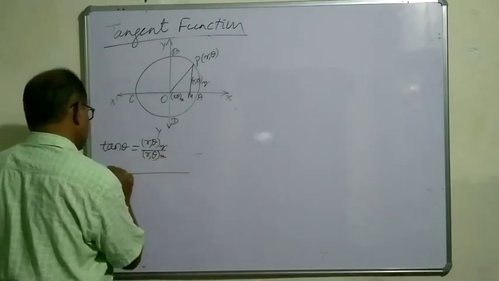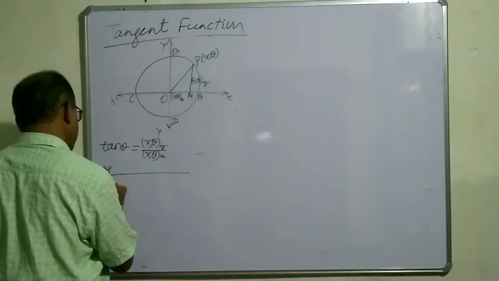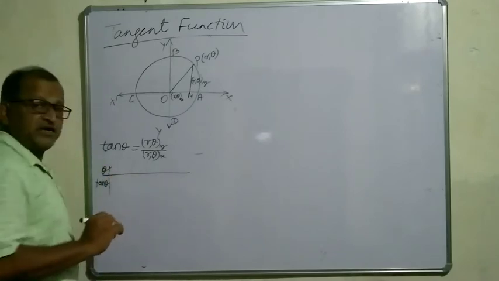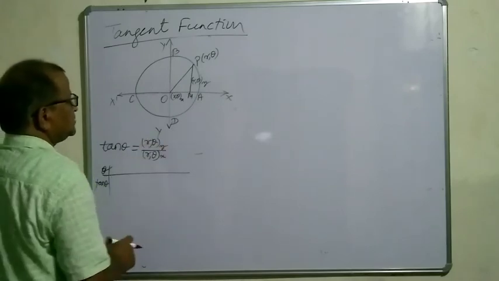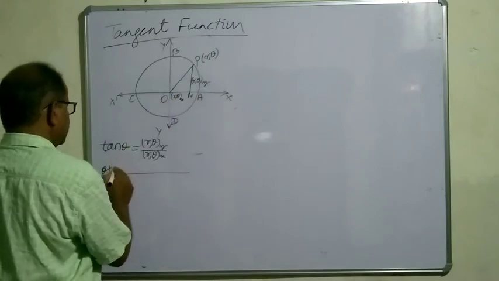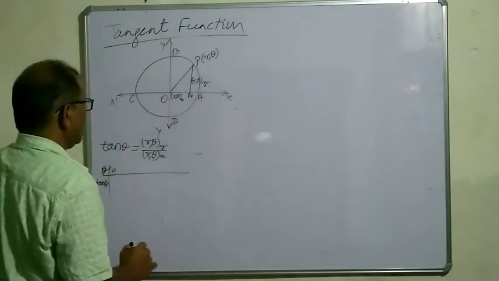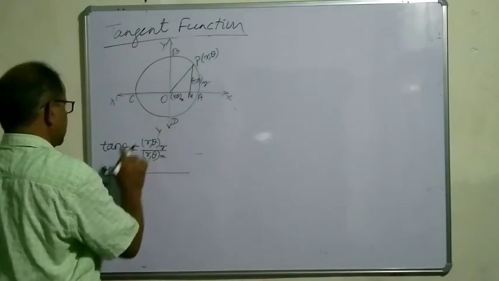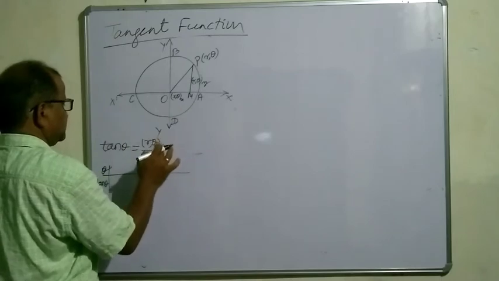So let us consider different points, theta and tan theta, right? Theta, tan theta. Yes. We'll start from here. Suppose theta is 0, right? Theta is 0. Or from this we'll start.